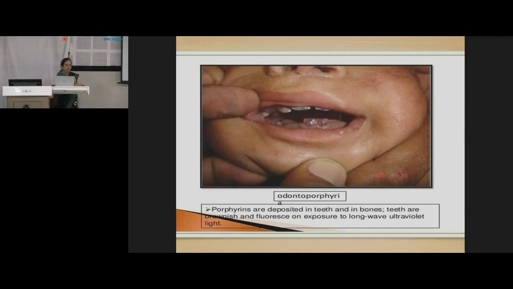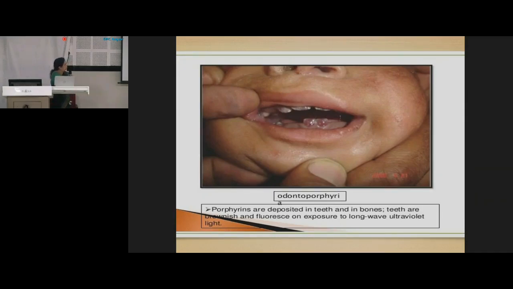So there is more and more synthesis of reactive oxygen species because of these porphyrins when exposed to ultraviolet light. So the skin lesions and photosensitivity are because of this production of reactive oxygen species, and because of the ultraviolet light, it gets activated.